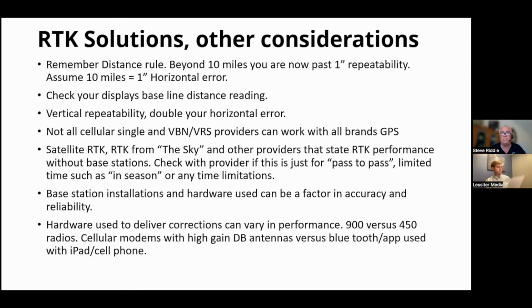I've seen plenty of times my iPad is working fine, but my phone isn't, because I'm in a really weak, questionable cell area, and we're trying to stream correction data. So I know an iPad is the preferred device, a lot of it because the internal antenna is so much stronger and bigger than what your cell phone has, especially if you're on the fringe of the strength of the cell network.